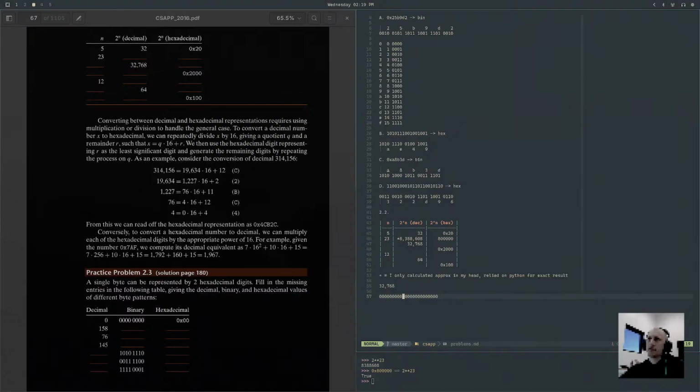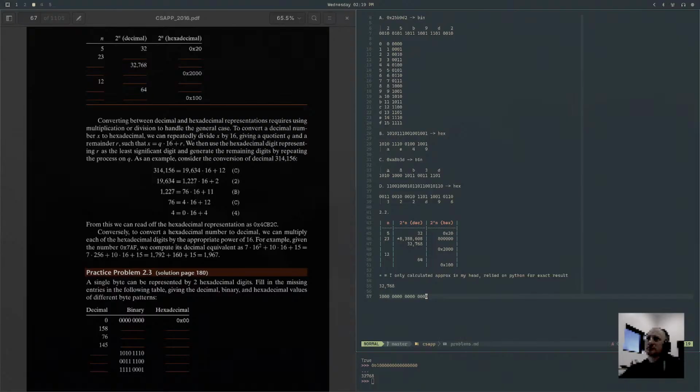Eight, 16, 32. So it's gonna be 1 here. I know it's gonna have a 1 there. I think this is the actual binary representation. Yeah. Okay, so that's binary. Chunk it up like that.